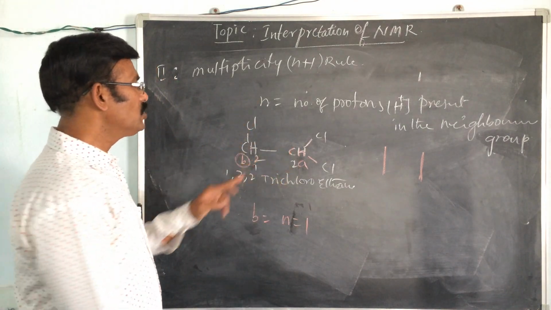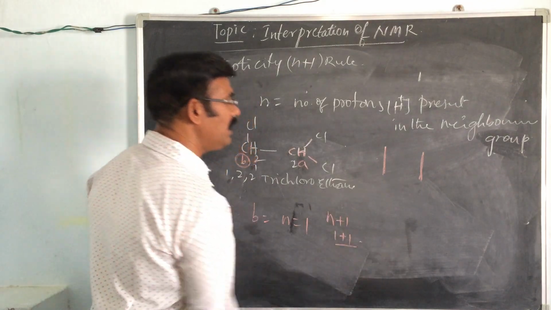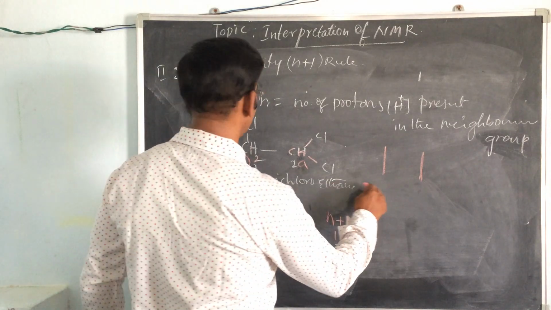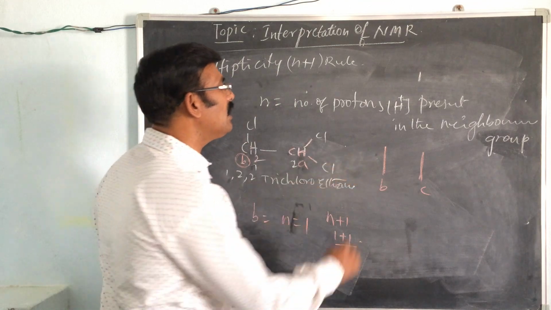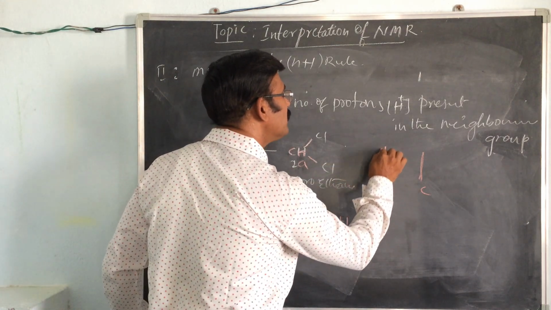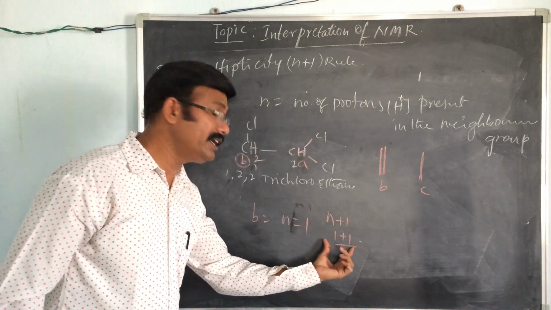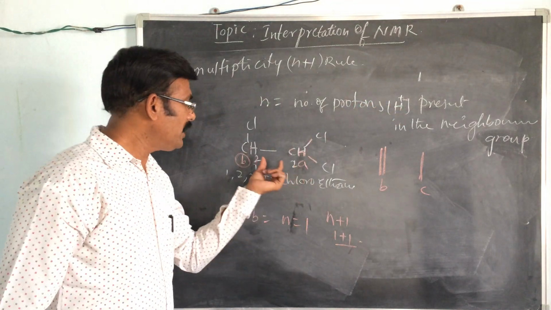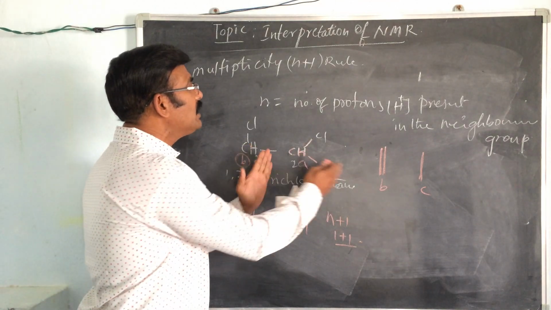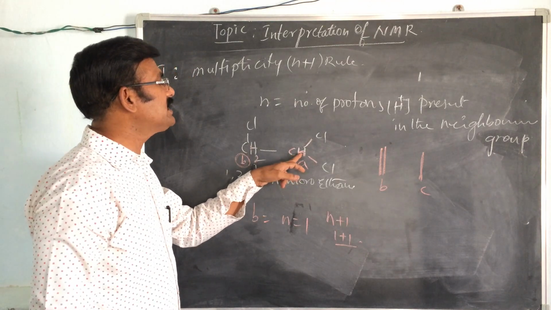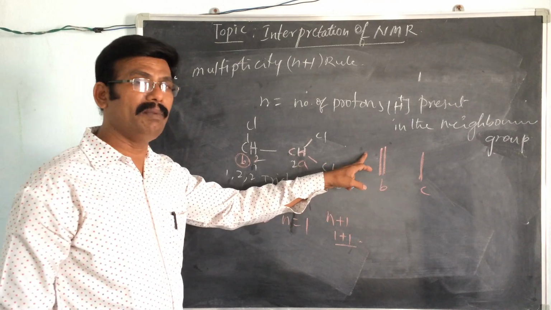According to n plus 1 rule, 1 plus 1, so here a doublet will come. This is B, this is C. So this peak appears like a doublet. This is called the multiplicity. This B group appears as a doublet because n is equal to 1, plus 1, 2.